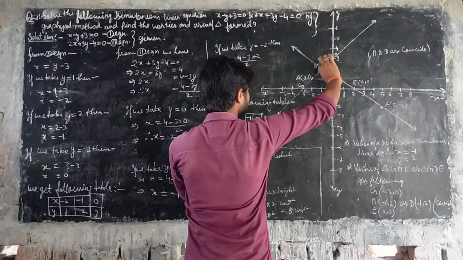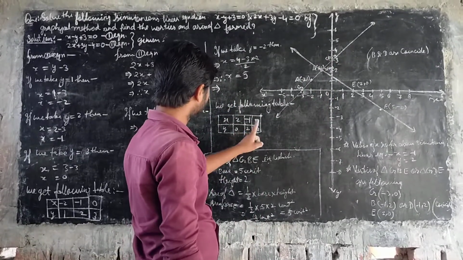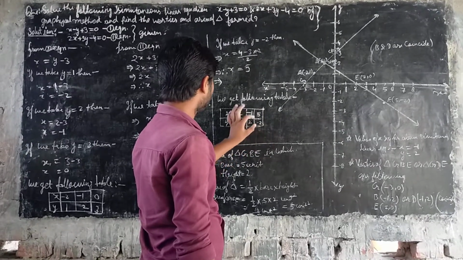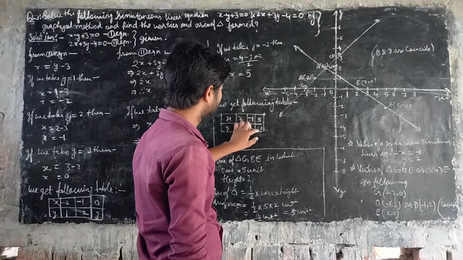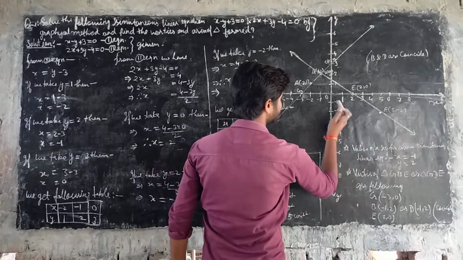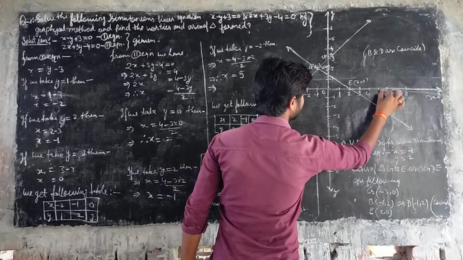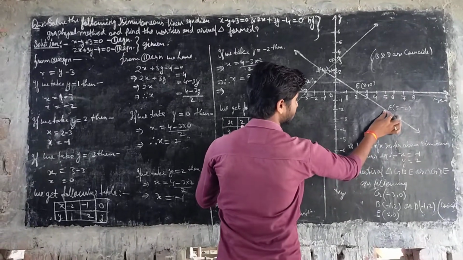This point is taken as B. For the third coordinate point of the second equation, if we take x is equal to 5, positive from the origin to the right-hand side, then we get y is equal to -2 downward here.